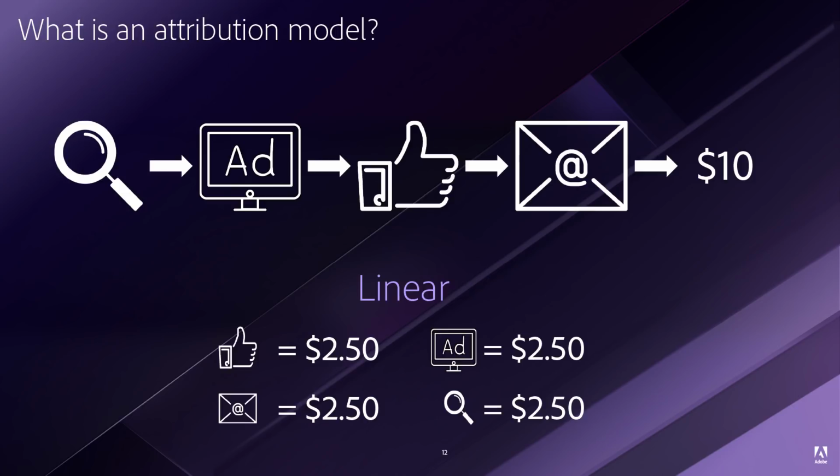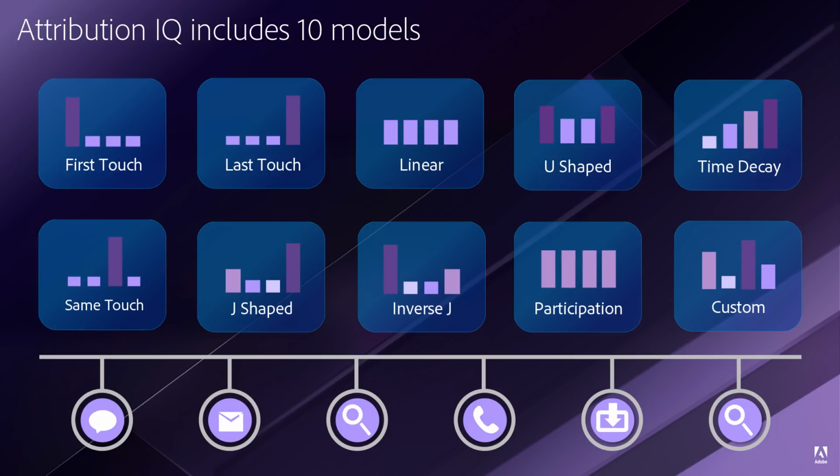Now that's a big step forward from first touch and last touch, but it's missing out on the flexibility that marketers need these days to really align the metrics and the channels with an attribution model that makes sense. And so Attribution IQ has expanded that list of attribution models to a full set of 10. You can see a complete list of them here.